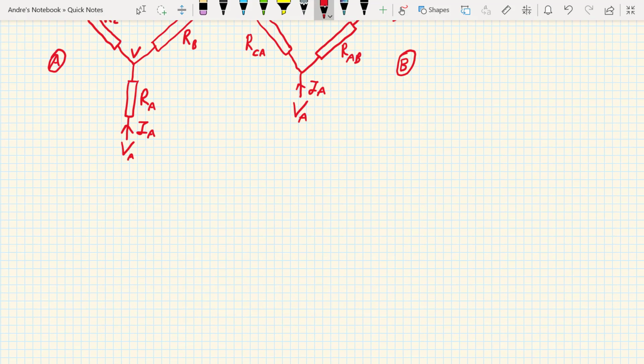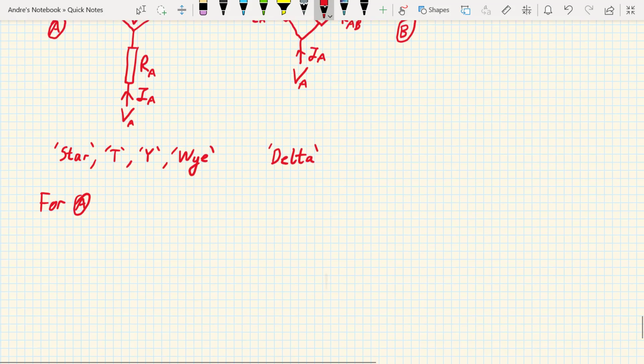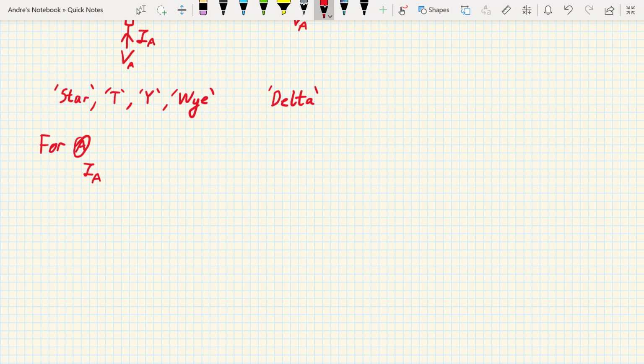So let's think first of all about the currents flowing through network A. We don't know the potential at the centre of the star, so we're going to call that V. And therefore IA is given by voltage over resistance, in other words VA minus V over RA. And similarly IB is VB minus V over RB, and so on for IC.